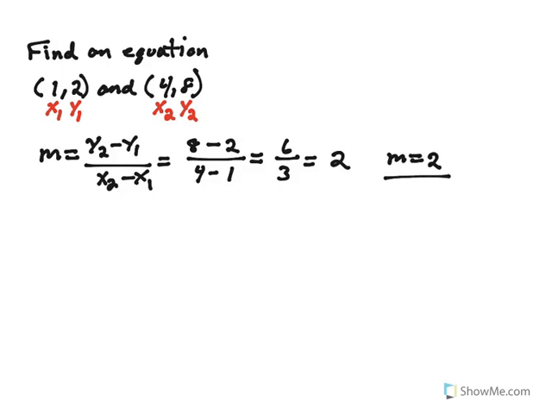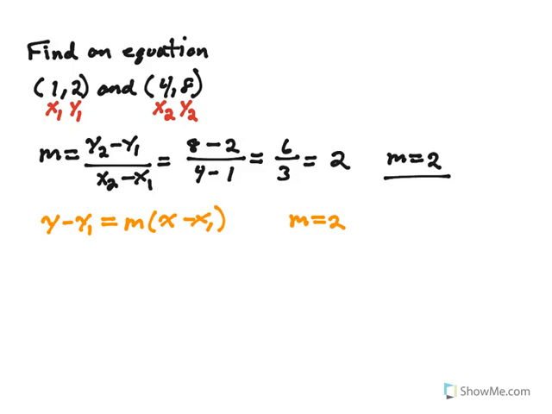All right? And then we're going to use that formula, remember? y minus y1 equals slope times x minus x1. That is your point slope form. And my slope is 2, that we just calculated.